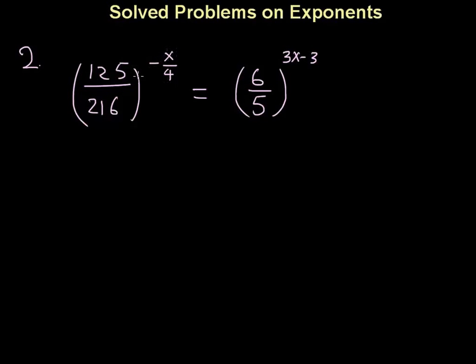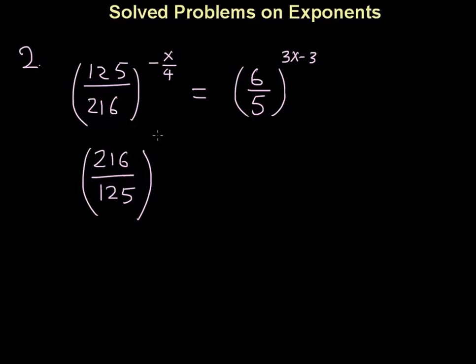So what I can do is reverse this here. I can bring 216 into the numerator and 125 to the denominator to make this positive. So let's rewrite: 216 upon 125, and then I can put a bracket here and make it positive now, x upon 4. I just flipped the denominator to numerator and numerator to denominator in order to make this positive.